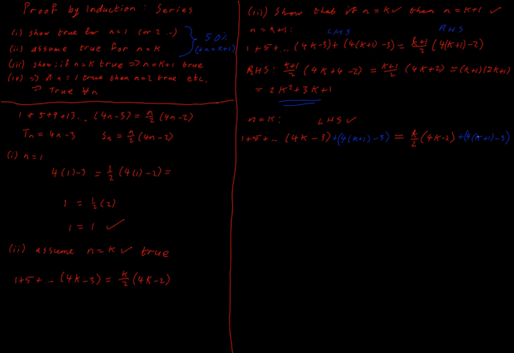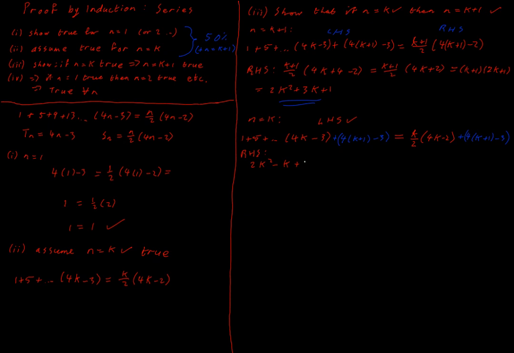I need to rearrange this business here to see if I can make it look like this quadratic. And if I can, my job is done. So I'm going to multiply in this bracket here, so I get 2k squared minus k. So this is the right-hand side, and I'm trying to make it look like this quadratic.